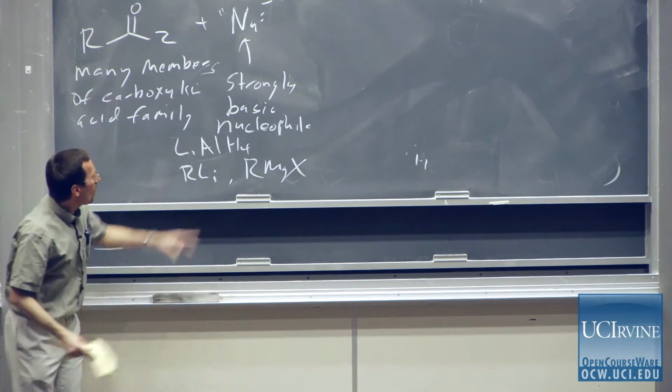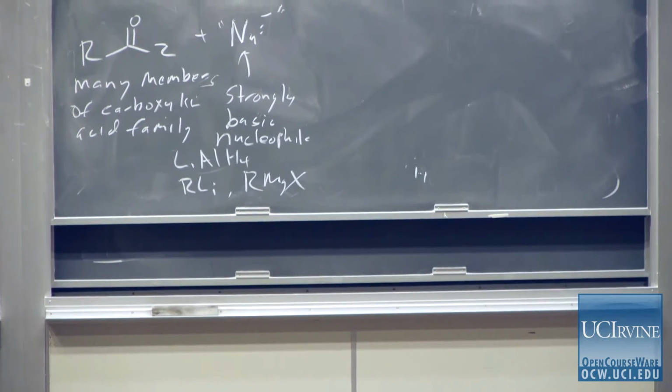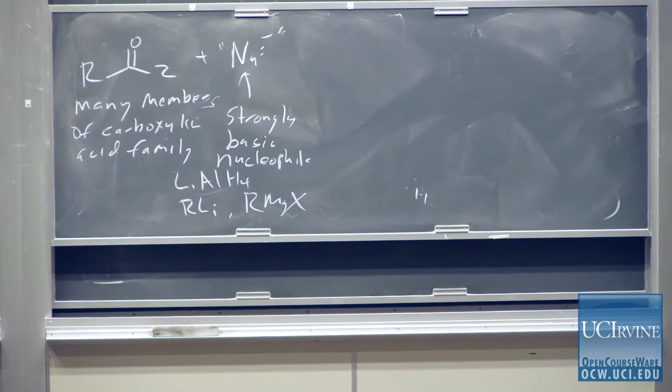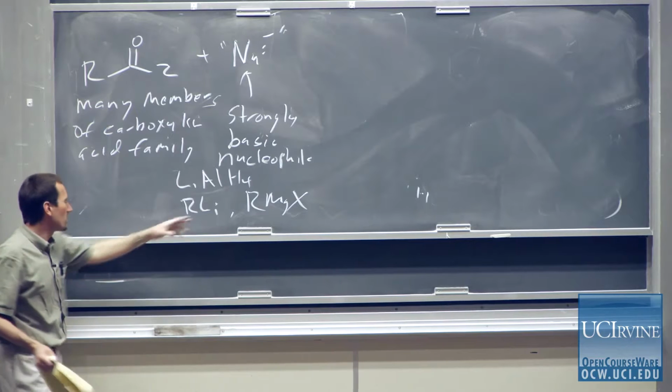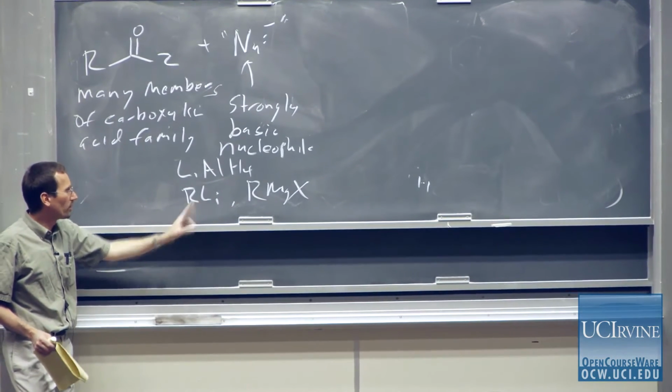In other words, all of these species have in common that they have a bond between a metal, relatively electropositive metal, and a highly electronegative species, or I'm sorry, a more electronegative species, hydride or lithium, or carbon.